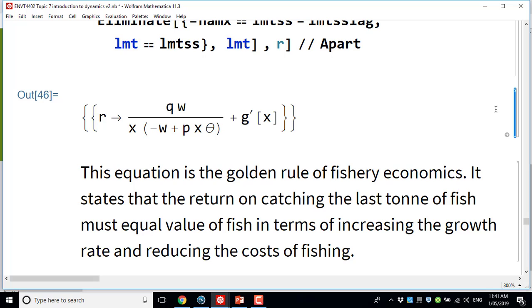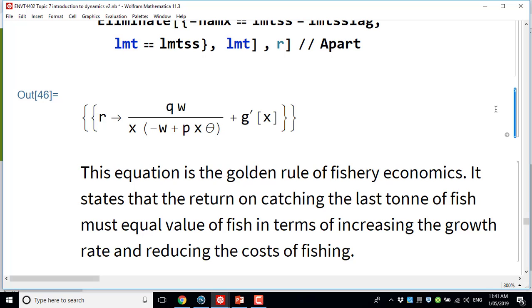So why is that the case? Well, this model treats fish in the sea as capital. What it's describing here is an equilibrium between holding money in the bank, where you catch a fish and put your money in the bank, and that earns interest, and holding money in the sea, which is in the form of fish stock.